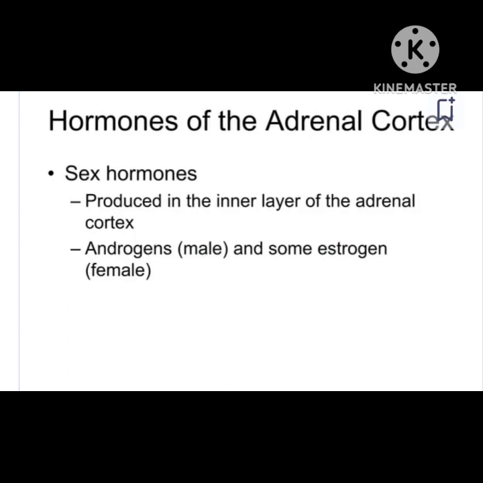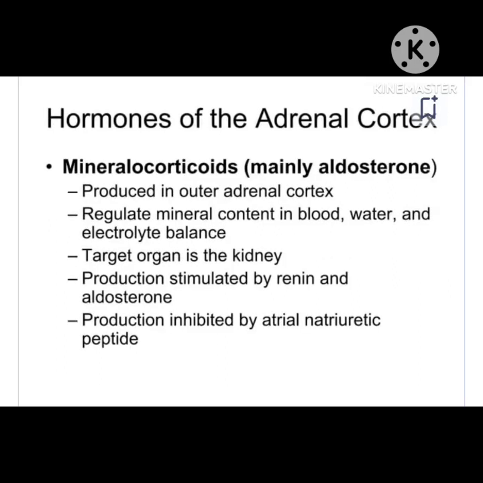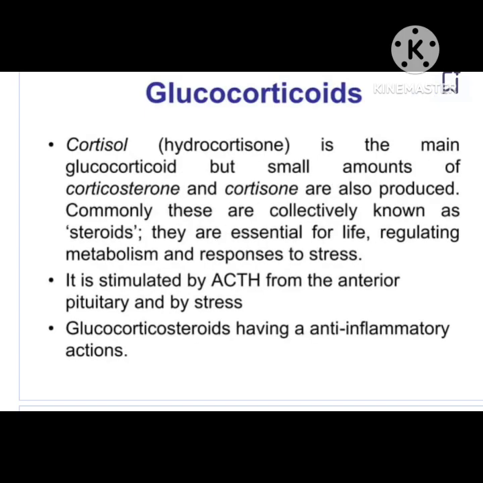Now we'll discuss hormones of the adrenal cortex, like sex hormones. It includes sex hormones, male and female. Male having androgen and female having estrogen. Hormones of adrenal glands: first is mineralocorticoids, mainly aldosterone.